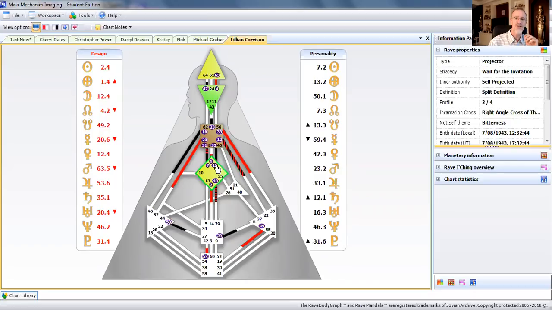And they relate to the future, 7, the present, 1, and 13, the past. So you're looking at gathering together what you need to deal with what you anticipate coming down the line.